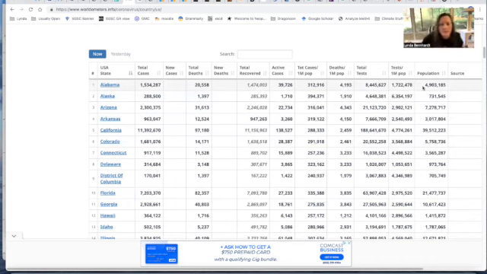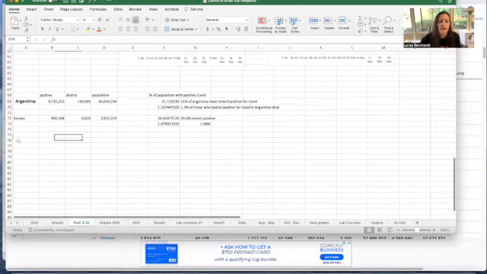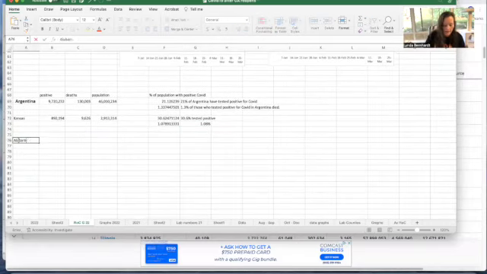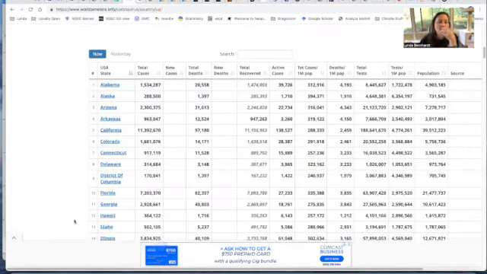So let's do a quick comparison for these. We're going to do Alabama and California so we can compare them. So I am going to put Alabama here, and I'm going to put California here. Okay. We're going to do positives, deaths, and populations.